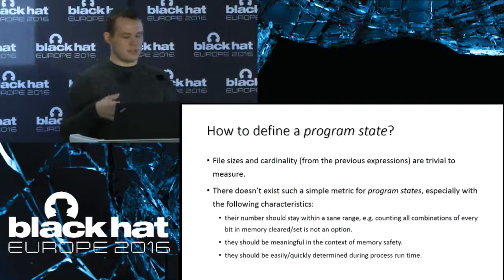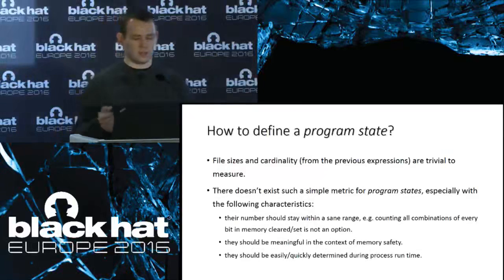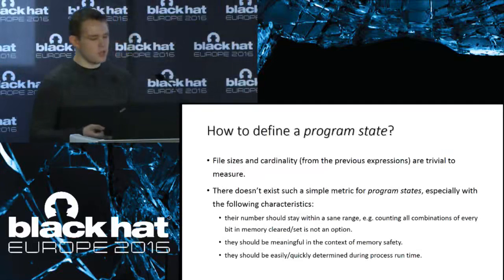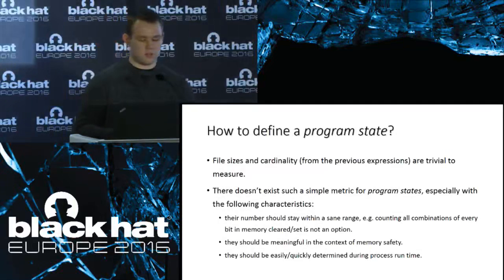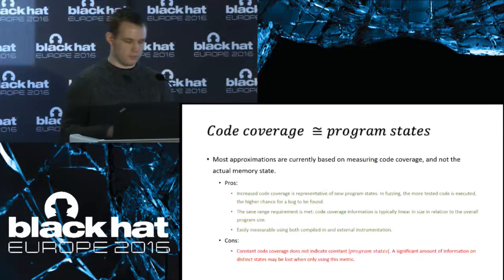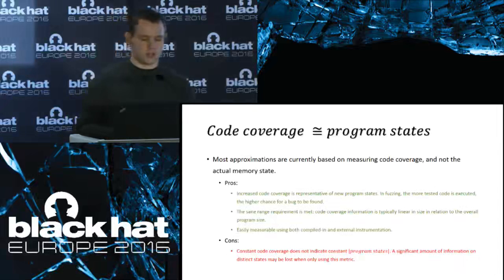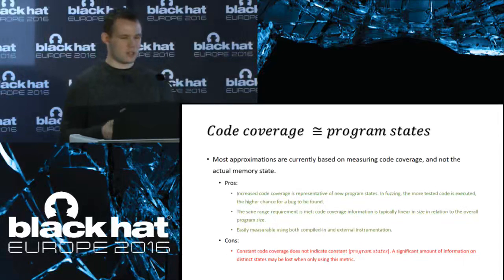We would like the program state to be defined such that the number of them should be within a sane range, so we cannot really count all combinations of bits in memory. They should be meaningful in the context of memory safety, and we should be able to easily determine them during program runtime. So the most common approximation used today is just assuming that code coverage is somewhat equal to program states.